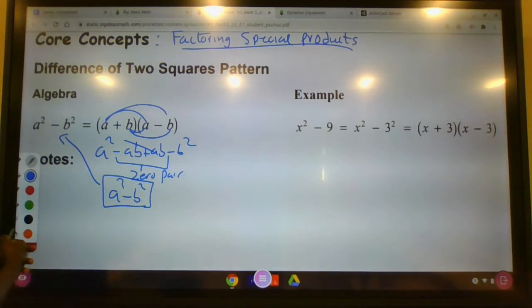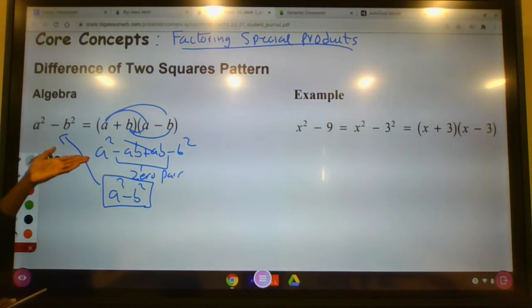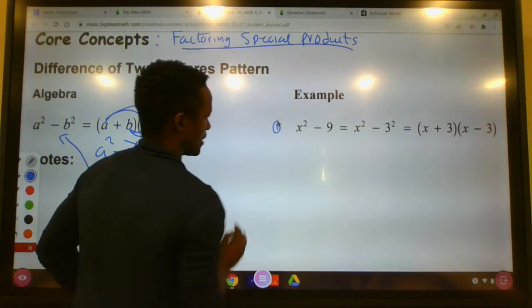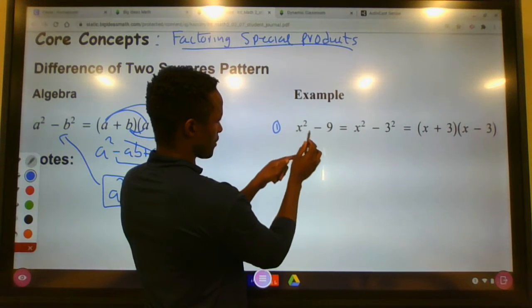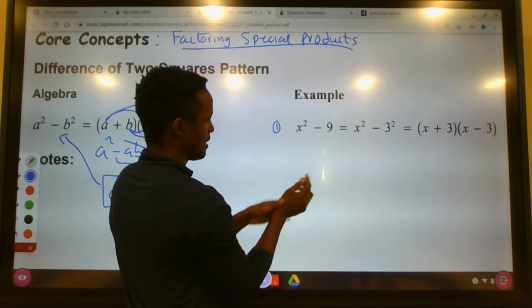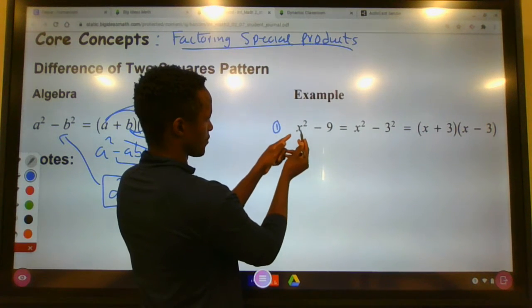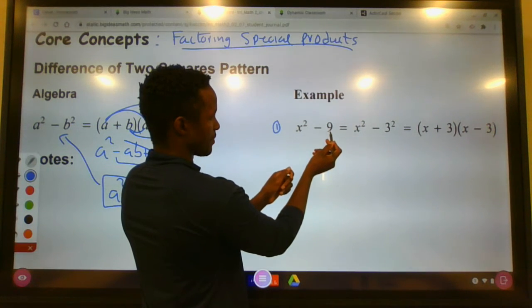So this is a special situation, a difference of two squares pattern, and we're going to be using it to factor binomials that are in this form. We have example number one here. We started with x squared minus 9. Is this a difference of two squares? Well, of course it is, because x is squared, we're subtracting, and 9 is a perfect square number.